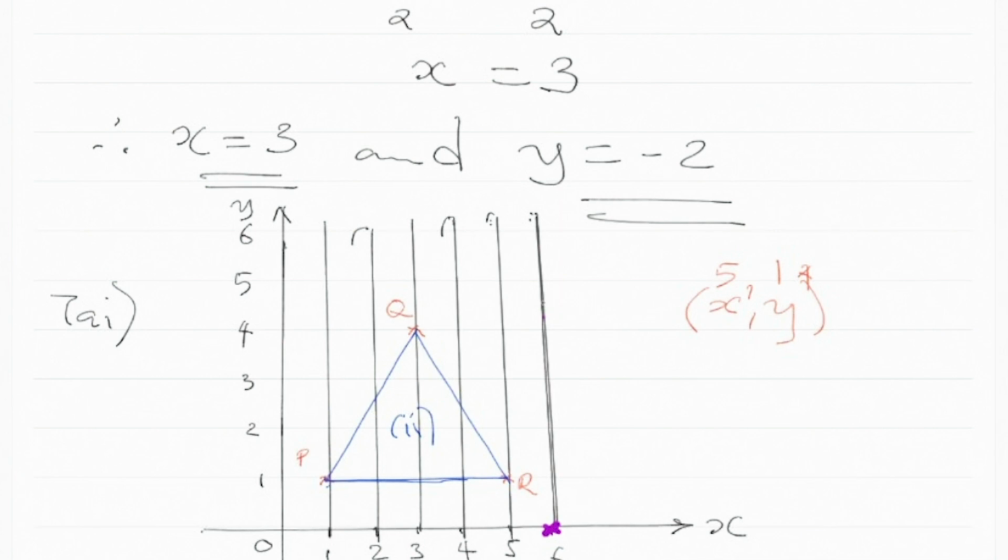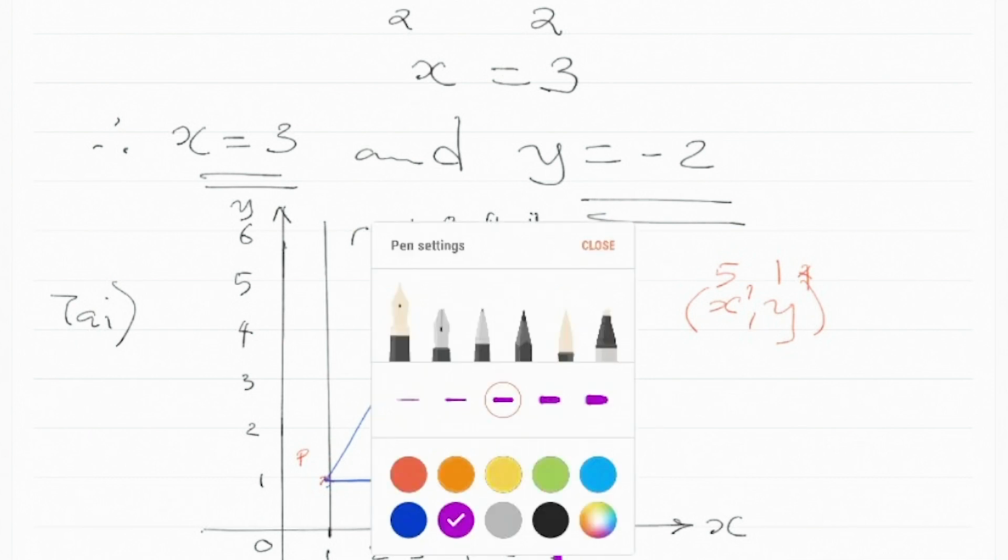There it is, as simple as that. All you have to do is have yourself a ruler and identify where that graph is passing. In this case, it's passing at x equals 6. So on the x-axis, pick the 6 mark, get your ruler, and draw a straight line. That is basically what you have to do. That is it for question number 7A.